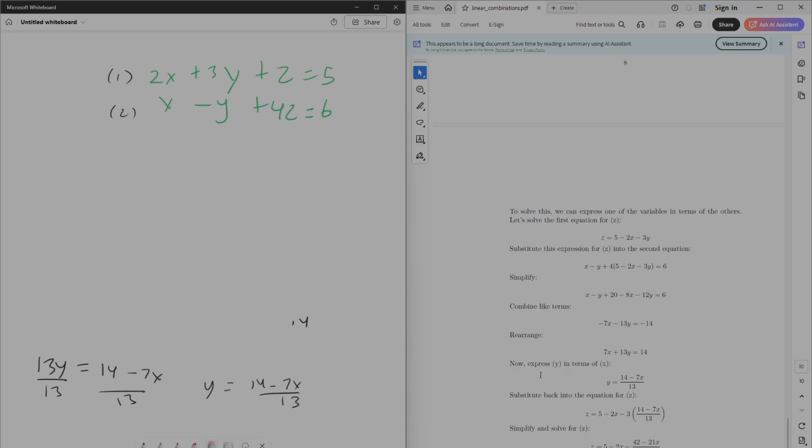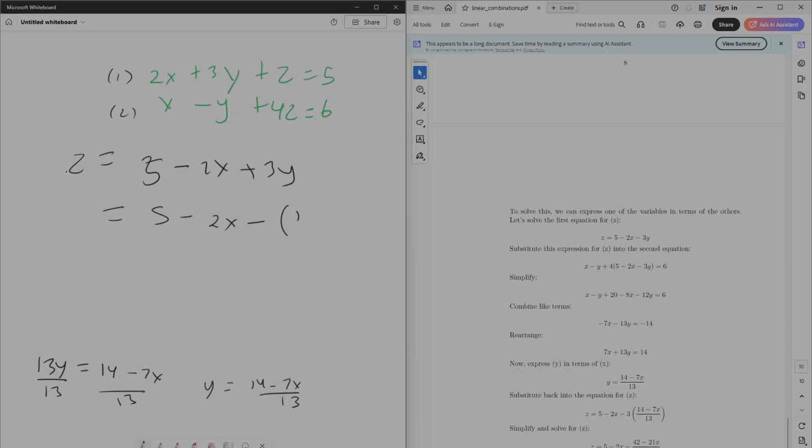Now we're going to substitute back into the equation for z. We said z is equal to 5 minus 2x minus 3y, and we can plug in the y we just found. So z is going to be in terms of x.